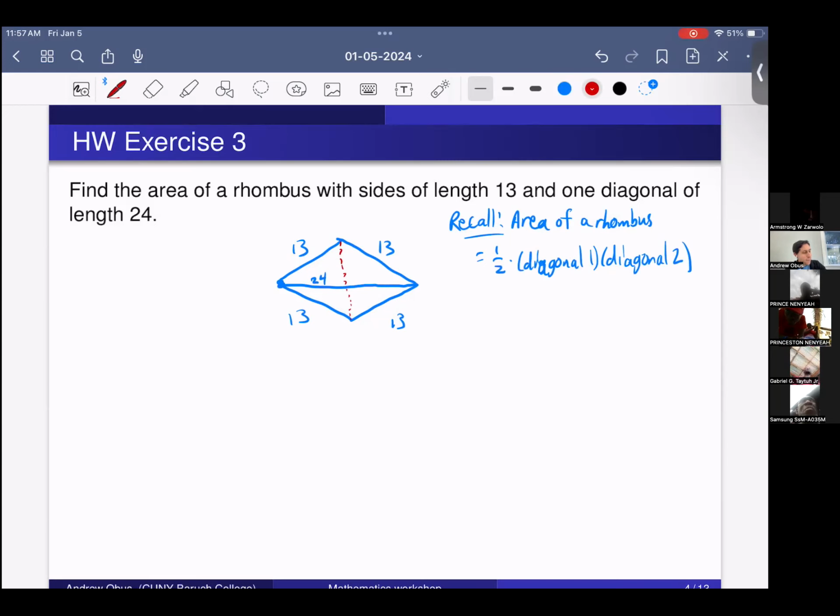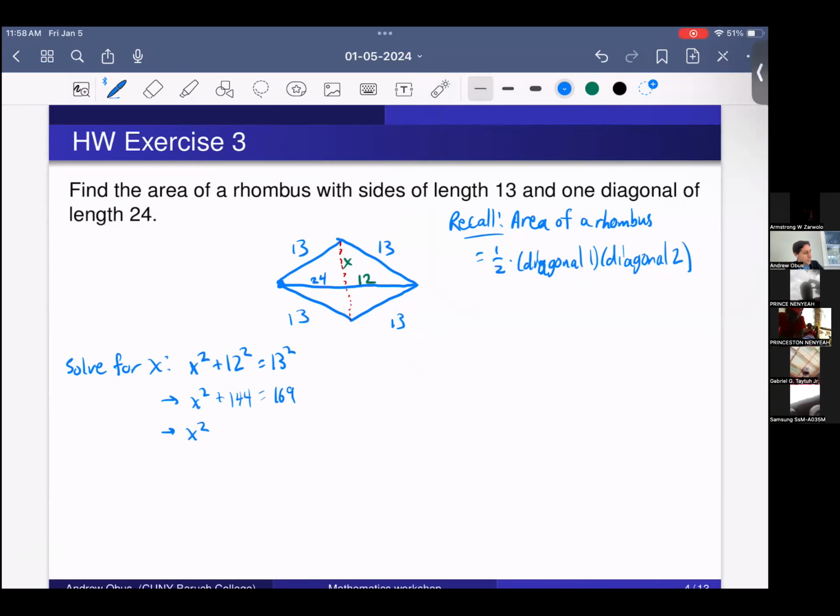And maybe just for time, I'm just going to go ahead and do this because this is very similar to the first problem that we had. So the whole diagonal is 24, which means that half the diagonal here is going to be equal to 12. And if we want to find x here, we can use the Pythagorean theorem. We'll solve for x, and that's going to be the equation x squared plus 12 squared equals 13 squared. That's x squared plus 144 equals 169.